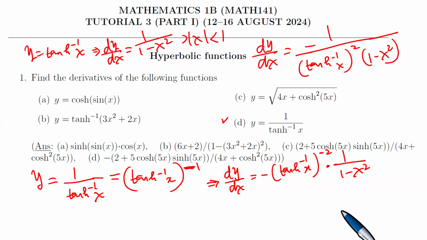But now what they wrote is something else, because I'm seeing minus 2 plus 5. There's no way you can get a 2 plus 5 out of this. There's no way you can get a cosh of 5x, the hyperbolic sine of that. Whoever typed the answer to D just took the answer to C, which had a typographical error of a power 1/2 in the denominator, and it was just carried forward.